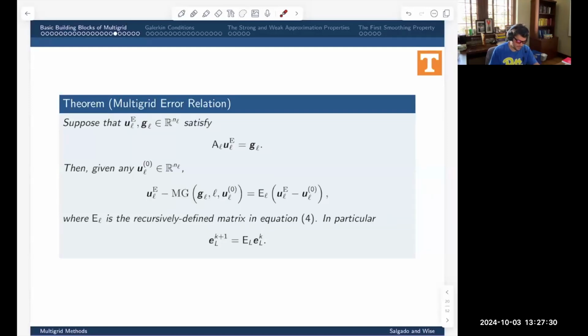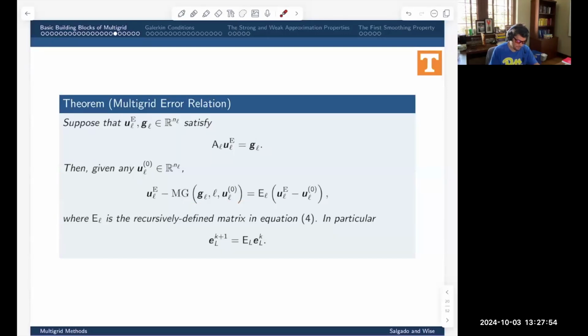That means computing something like this, with an initial guess. No matter what I put in here, that's my initial guess. So what I'm really after is the exact solution on this level minus the multigrid approximation generated by computing u_l^0.